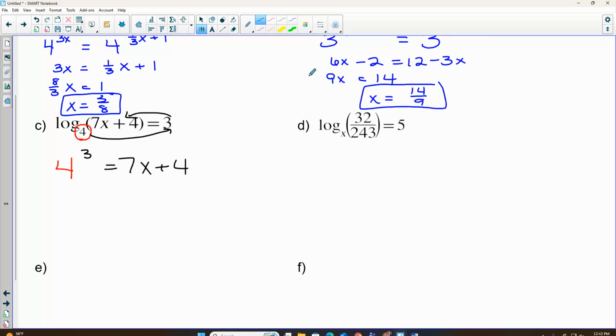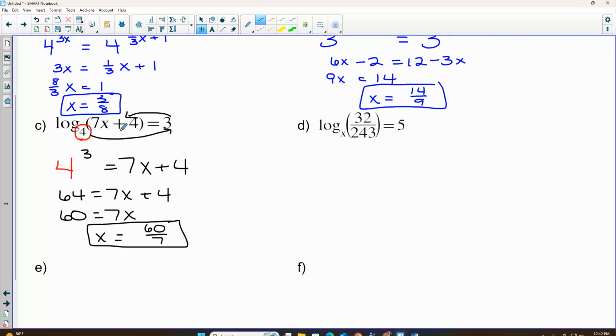If you remember that definition, this is actually a pretty easy problem to solve. So 4 to the 3rd, 64, equals 7x plus 4. Subtract over my 4, divide by 7, and x is 60 over 7.